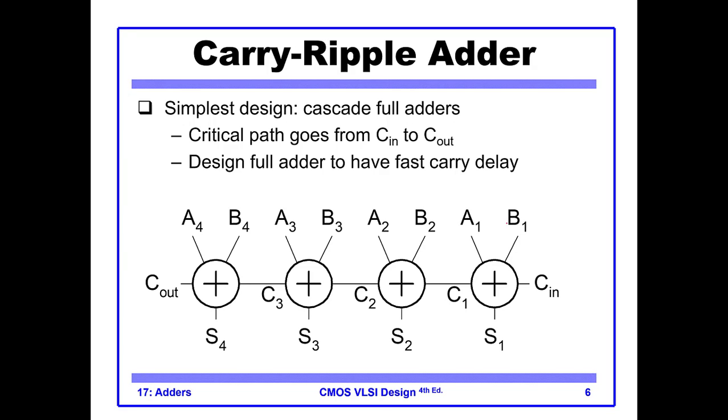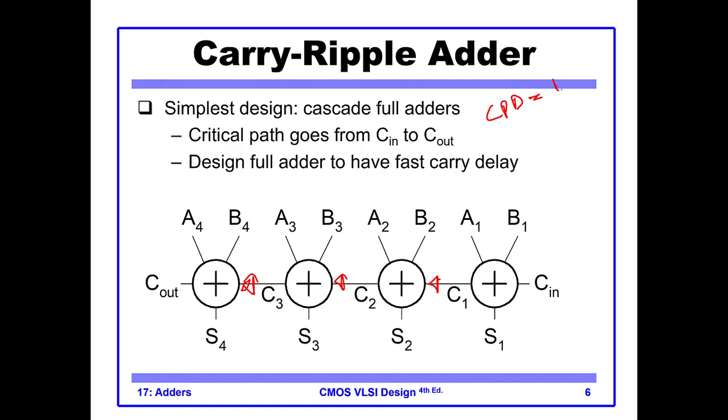So here is a 4-bit ripple carry adder. We just put together different full adders in this fashion, so that the cout of one becomes the Cin of the other. So if we talk about this adder, what is the critical path delay?